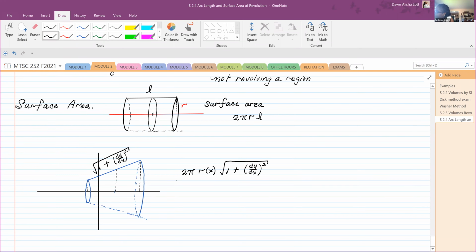And if I integrate that from a to b dx, that is the surface area. And that is where we will pick up tomorrow.